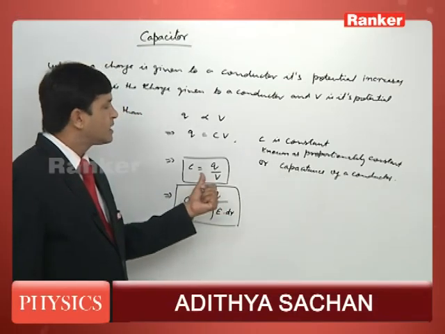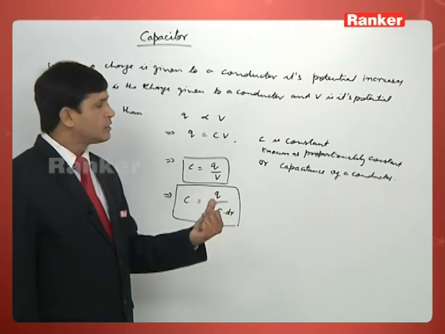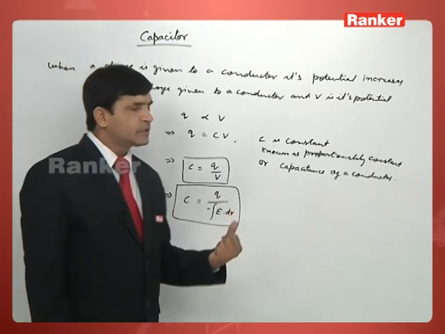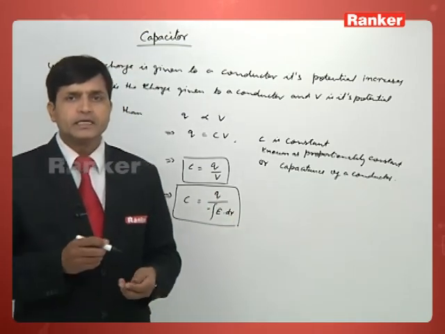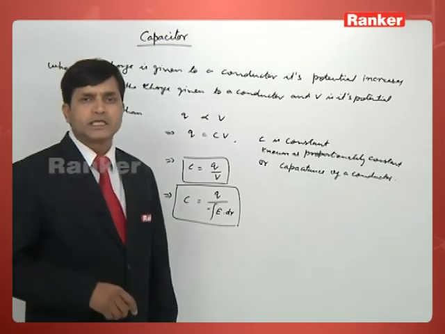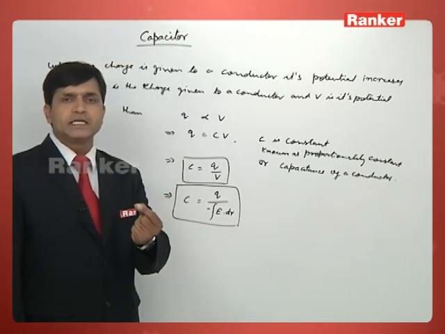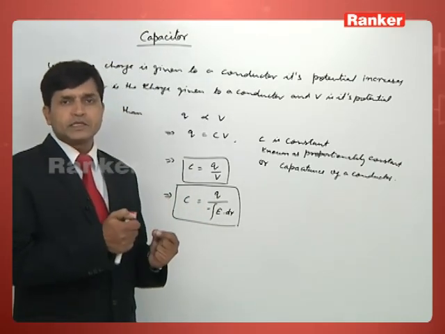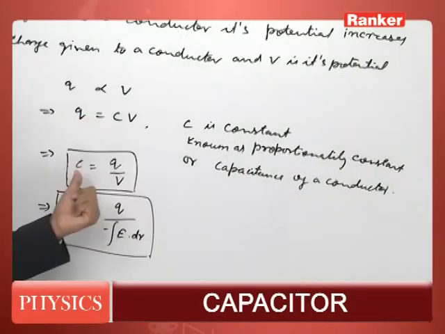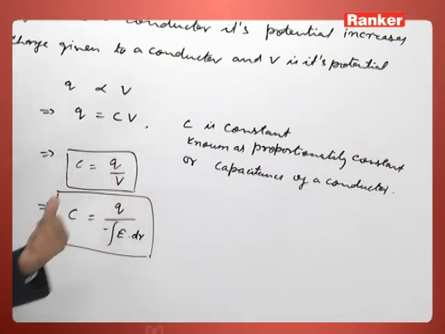It is similar to what we read in Ohm's law: V is equal to R into I, so R is V by I. It does not mean that resistance depends on potential as well as current. Resistance is just like a proportionality constant which relates potential with current. Similarly, C is the capacitance, and it relates charge and potential on a conductor.